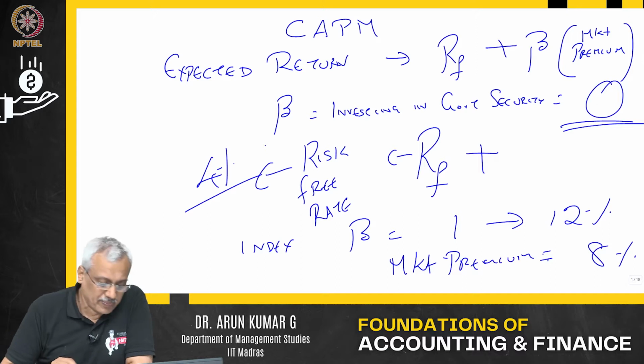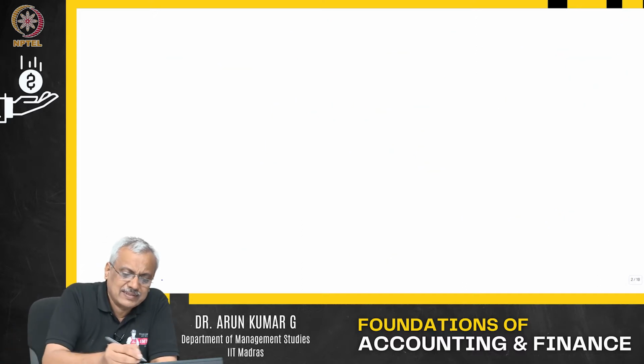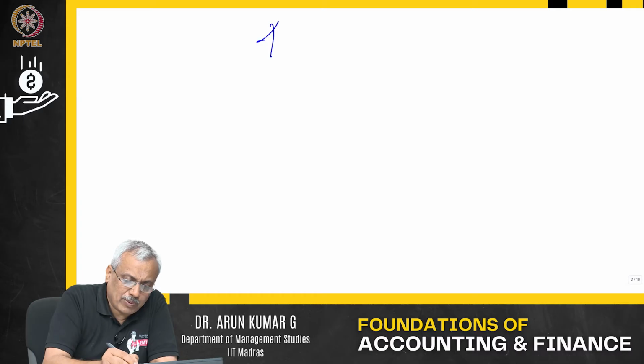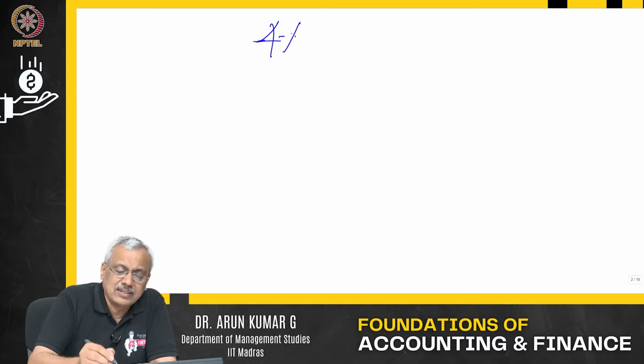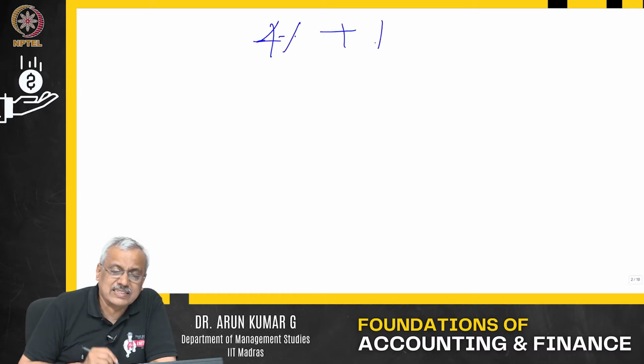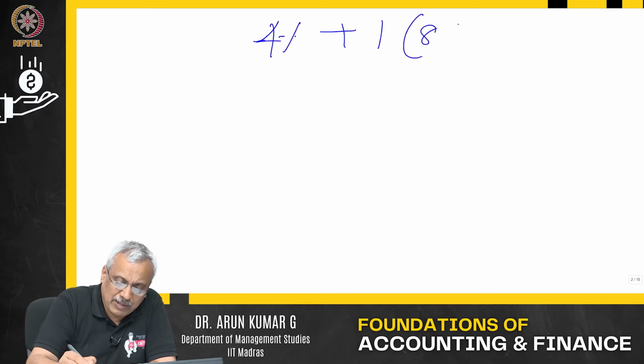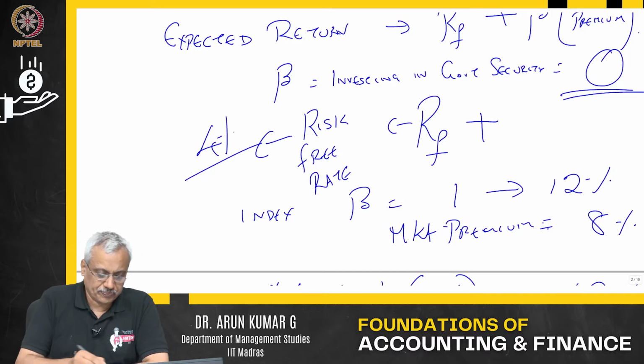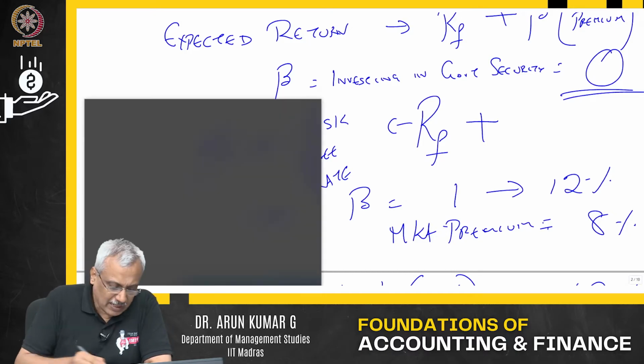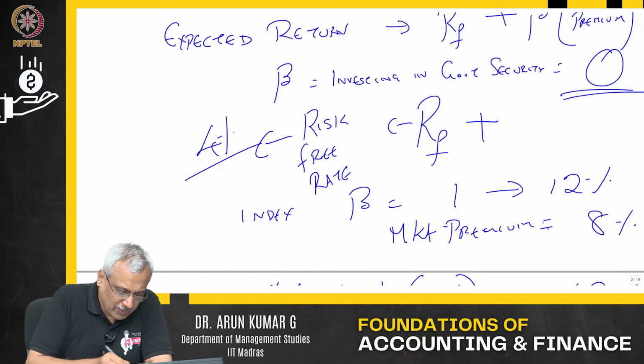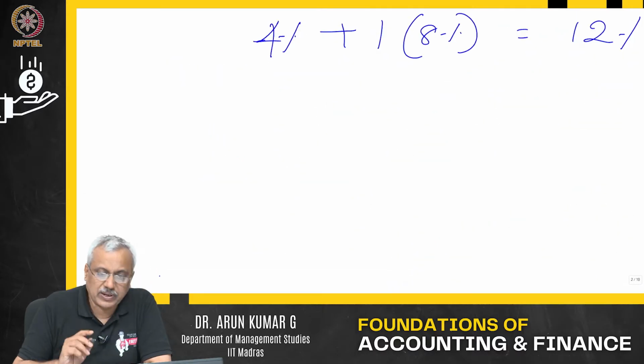So if I go by the same thing, 4% risk free rate plus beta of the index, 1, into market premium 8%, will be equal to exactly 12%.